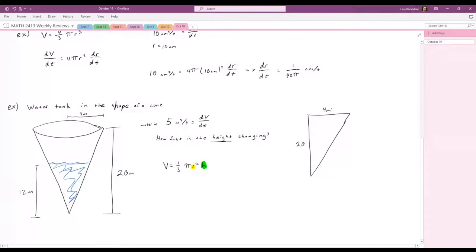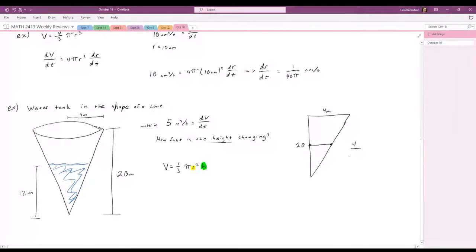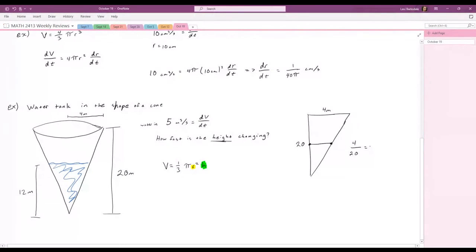So I can actually relate my height and my radius, because at any given height in here, I know that my triangles should be proportional, which means that if my current radius is 4 and my current height is 20, that should be equivalent to any current radius over any current height of any similar triangle. And what this does is it gives me an equation.